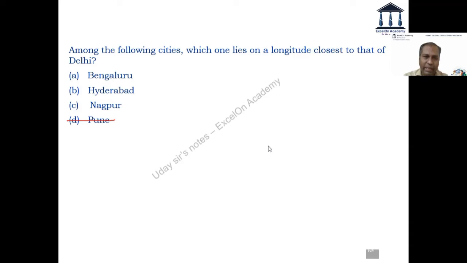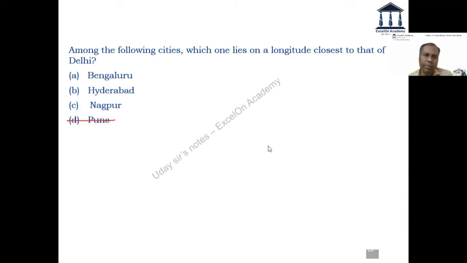I'll tell you what I tried. I was fairly sure I have traveled by train from Delhi to Bangalore. Yeah, it actually helped to see the cities on the map. This answer I got wrong.